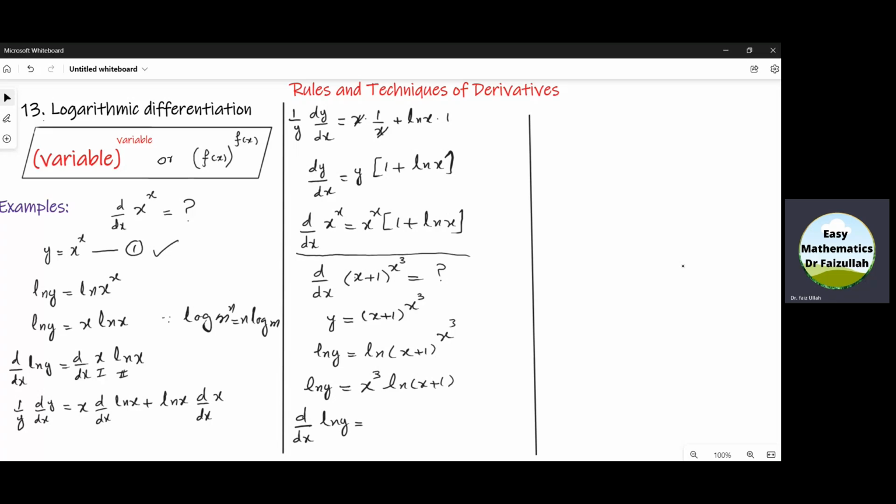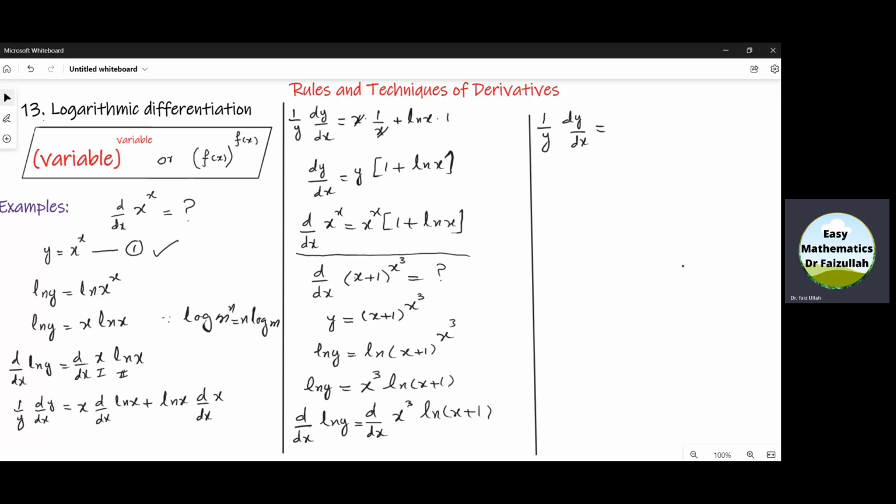So we have d by dx of log y, which is equal to d by dx of x cube log of (x + 1). From the left hand side, we can obtain 1 over y into dy by dx.